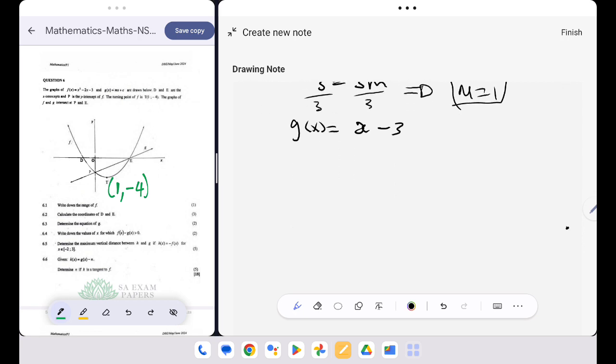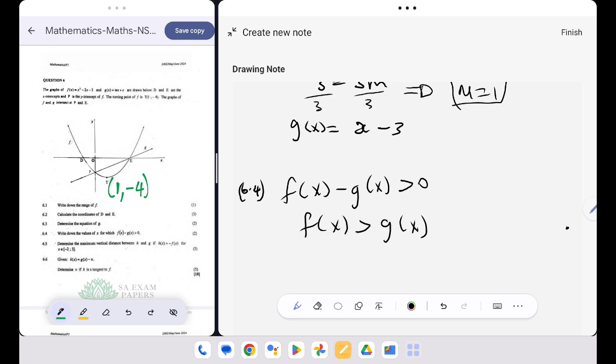Then 6.4. I'm told to write down the values of x for which f minus g is greater than 0. So you can just do this if you come across a situation like this. For which values of x is f of x greater than g of x.